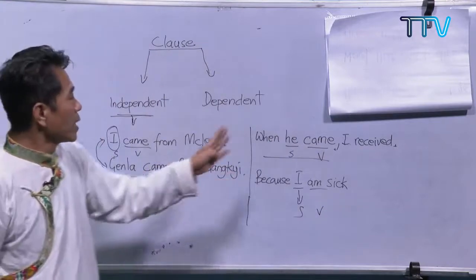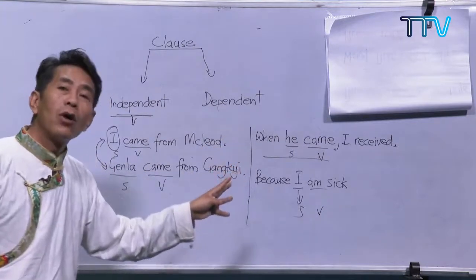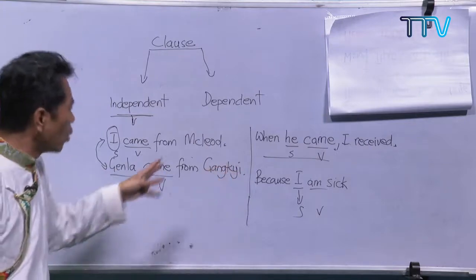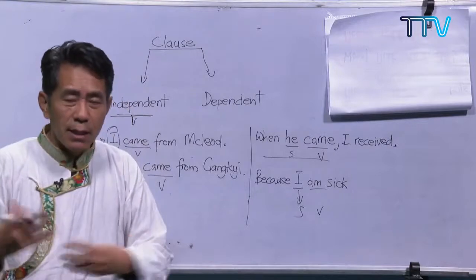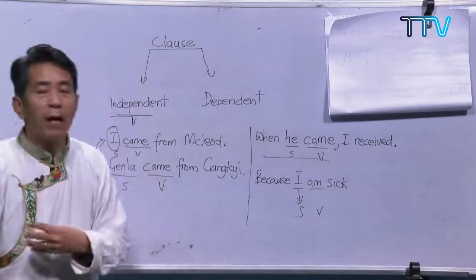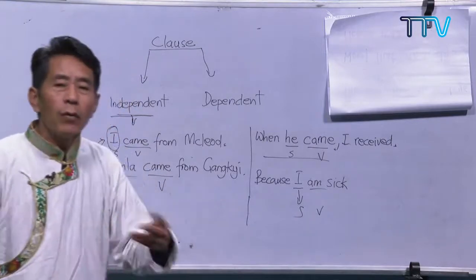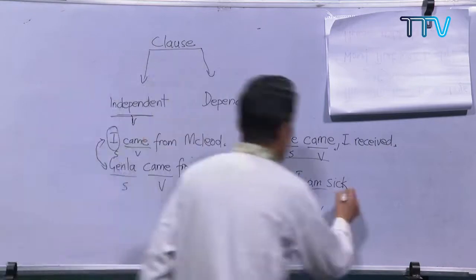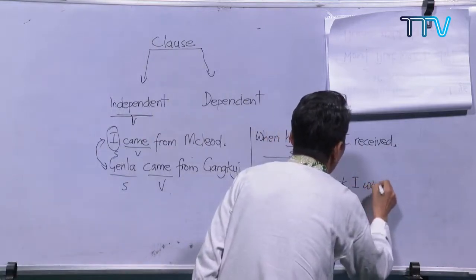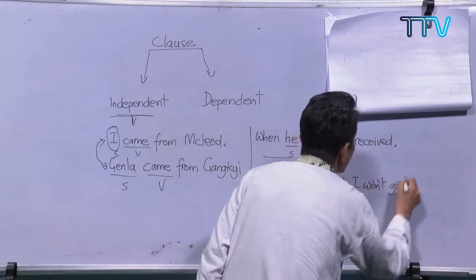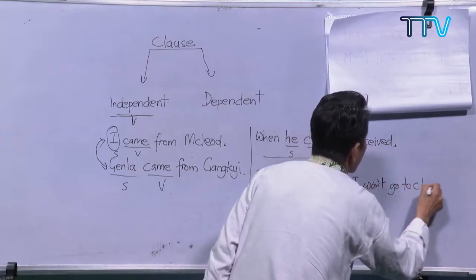Now, do you think "because I am sick" is an independent clause or a dependent clause? Again, it is incomplete. Something should come after that. Because I am sick, then what happened? "Because I am sick, I won't go to class."